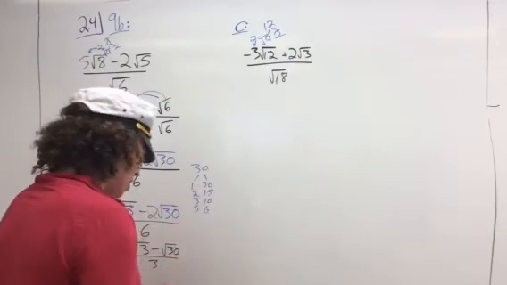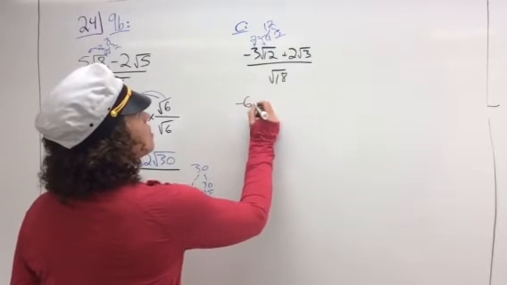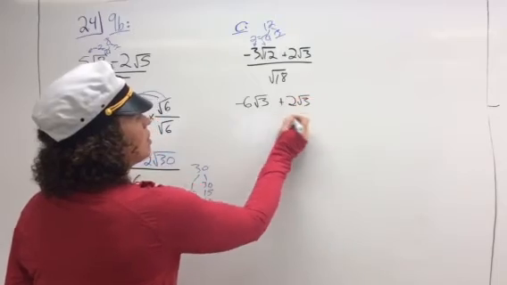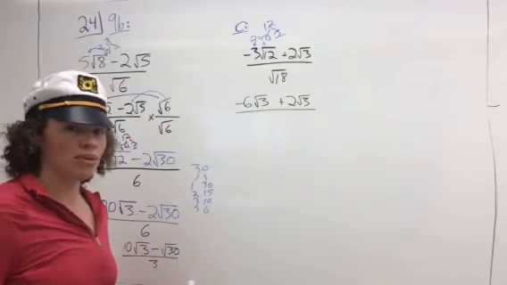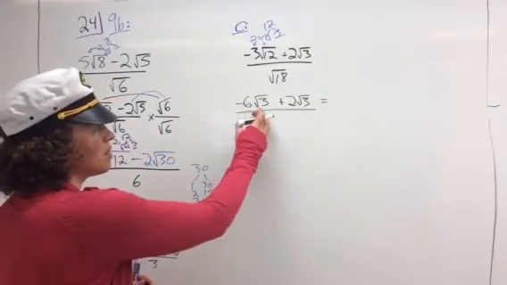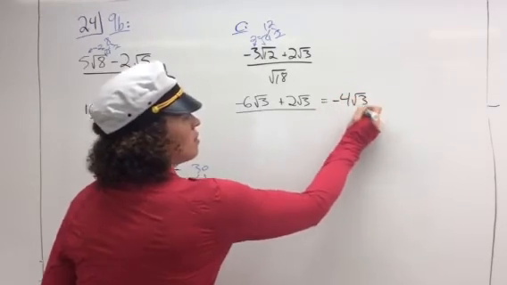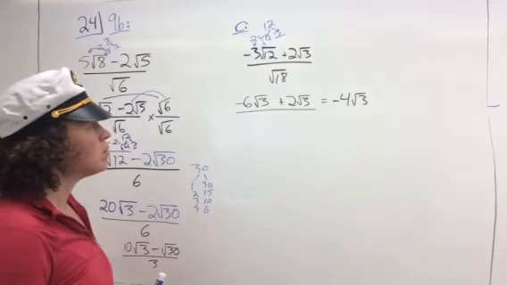So I'm going to end up with my modified question is negative 6 root 3 plus 2 root 3. Oh, look, they're both root 3's. So I can actually simplify that right now and go negative 6 root 3 plus 2 root 3 is going to give me negative 4 root 3. So my whole top of my equation now is negative 4 root 3.